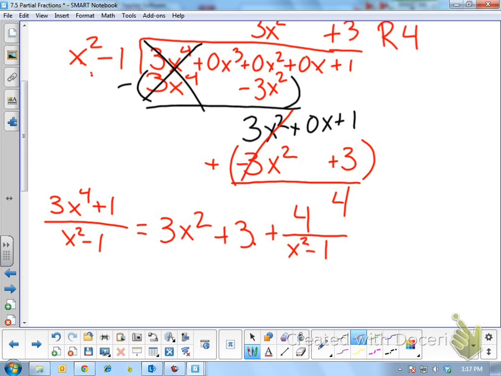So we have, in total, using both our long division and our partial fractions, we are now taking the integral of 3x squared plus 3 plus, the first one was a, we said a was -2, so -2 over x plus 1.